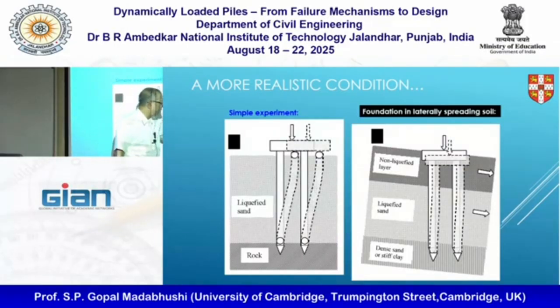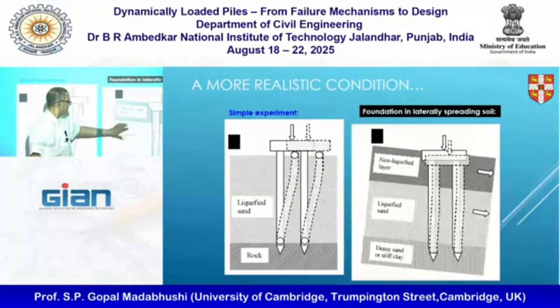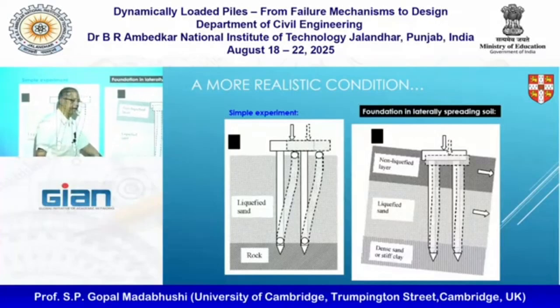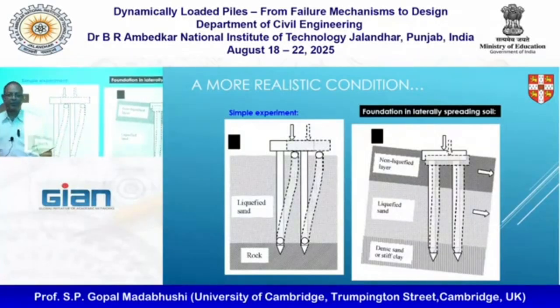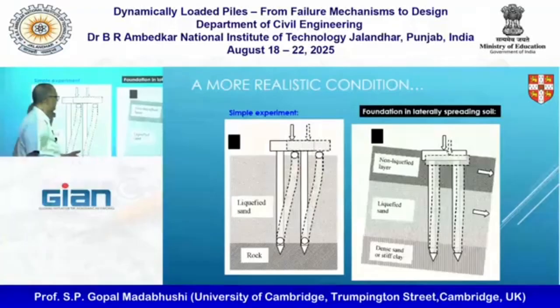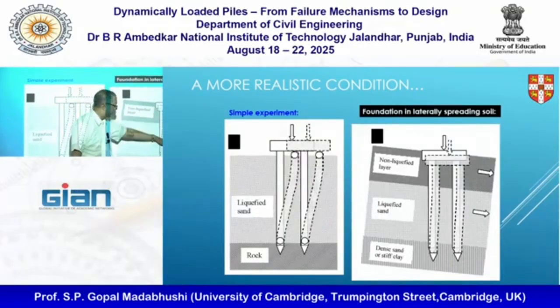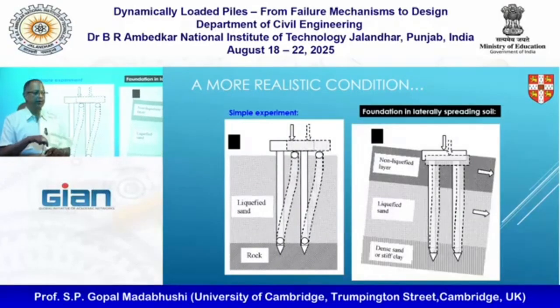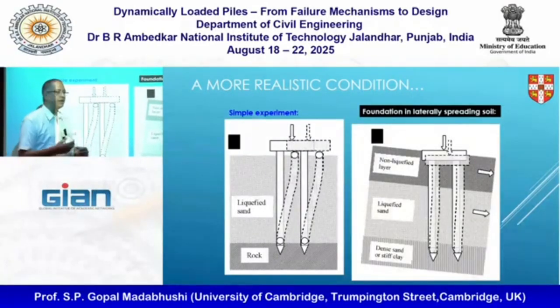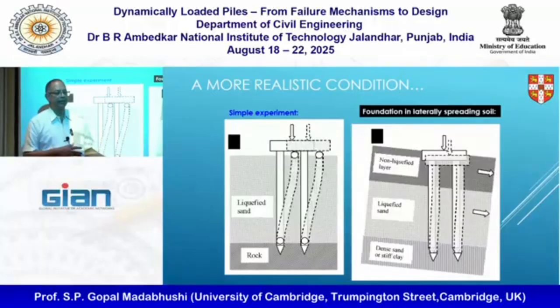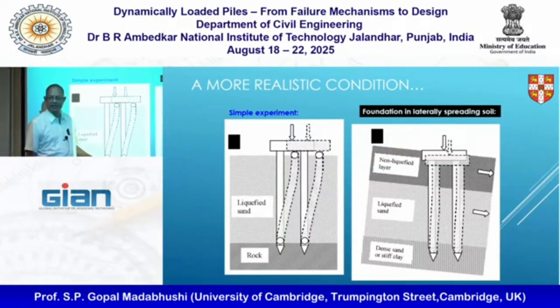Then you will have this kind of situation where you have a non-liquefiable layer on the top, liquefiable sand and dense sand. So what is the mechanism we expect here? We expect that the pile will translate a bit horizontally, but also settle a bit. The moment I can get some settlement into dense sand, my tendency to buckle will go away, because I'm no longer imposing zero displacement at the pile tip.